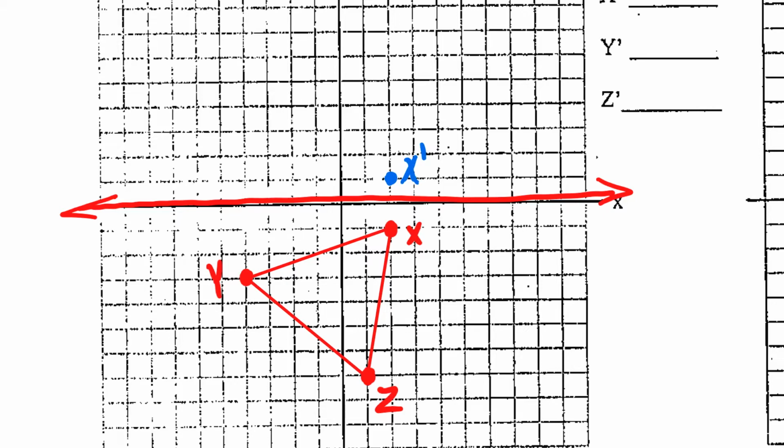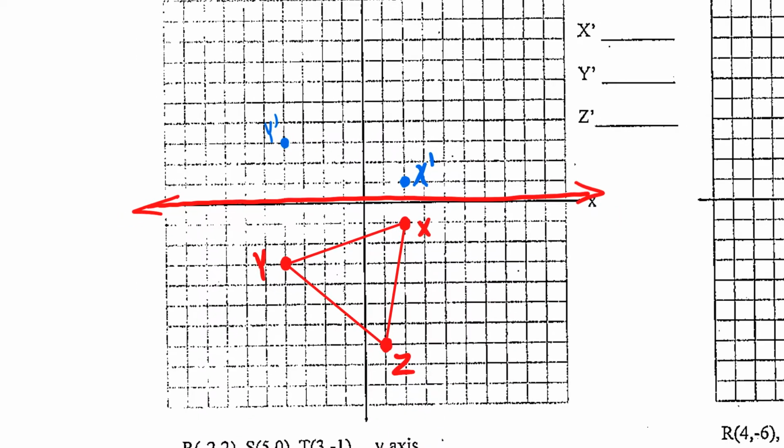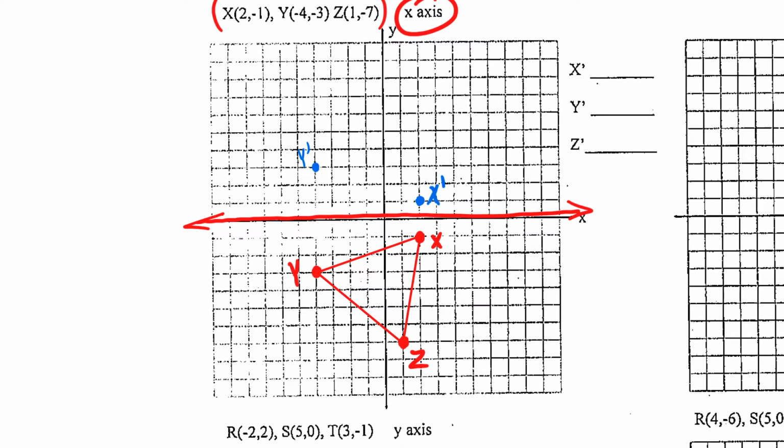Okay, how far is y away from the line of reflection? 3. It's 3 below, so I'm going to go 3 above. 1, 2, 3 for y prime. And then how far is z from that line of reflection? 7. It's 7 below, so I'm going to flip it 1, 2, 3, 4, 5, 6, 7 above for z prime.